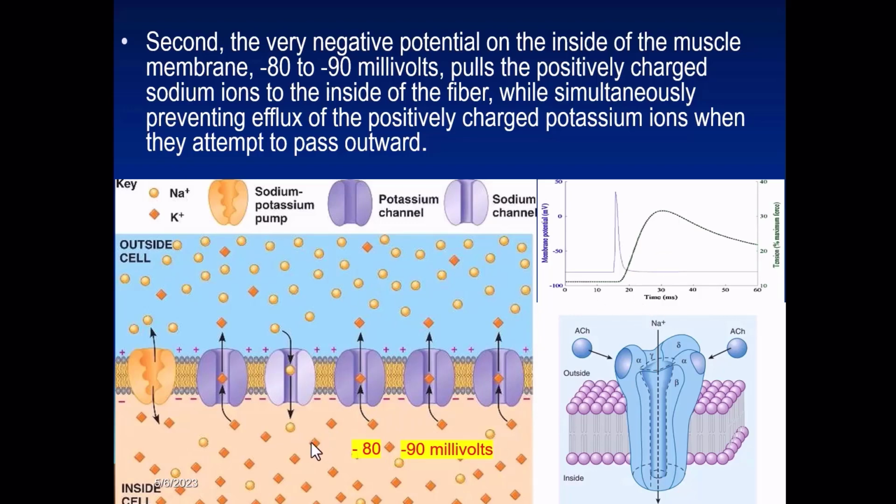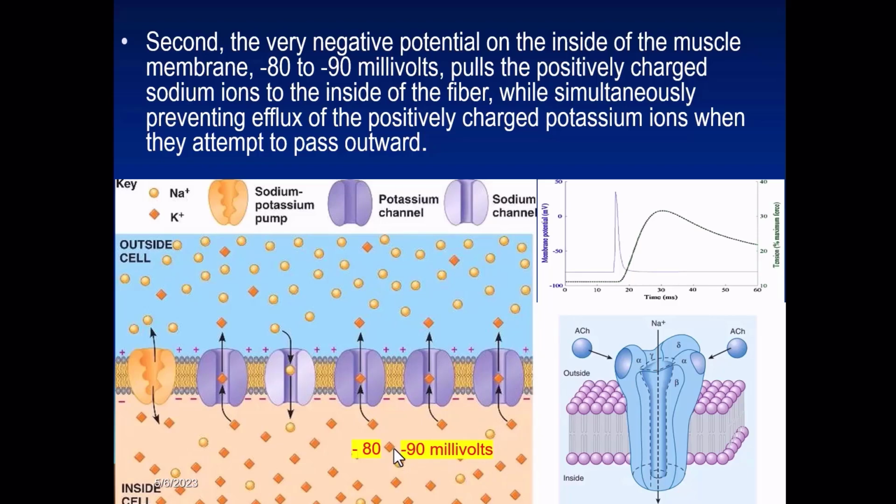Because the potassium wants to maintain this negativity, due to this delay the sodium ion enters the muscle cytoplasm earlier than the potassium leaves. The negativity is converted from minus 80 to 0, and this creates the action potential.